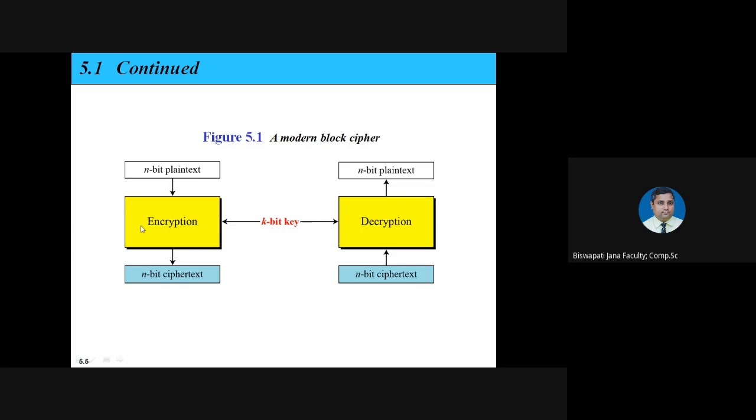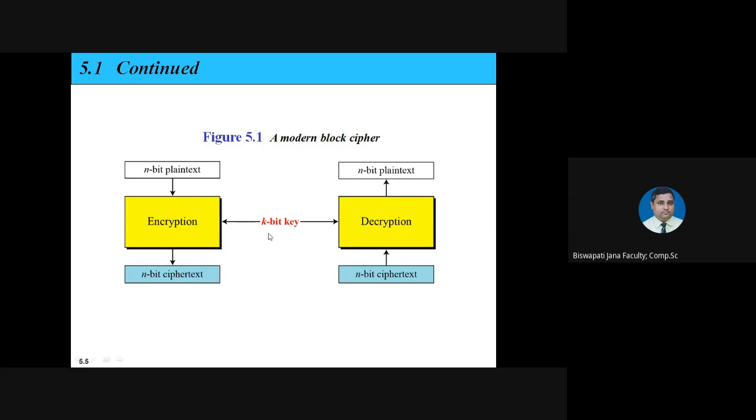The technique is known to all, and any genius can develop a better technique than you, but it is not possible to guess the k-bit key. Consider k is 128 bits. What will happen? If you take a 2-bit key, what will happen? There are four possibilities: 00, 01, 10, 11, because you have taken a 2-bit key.